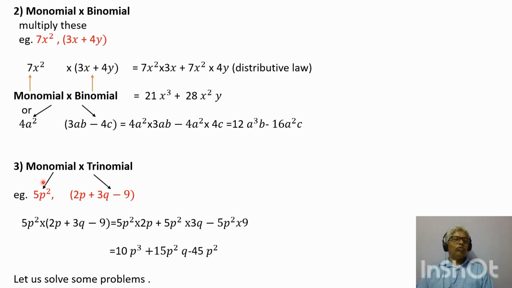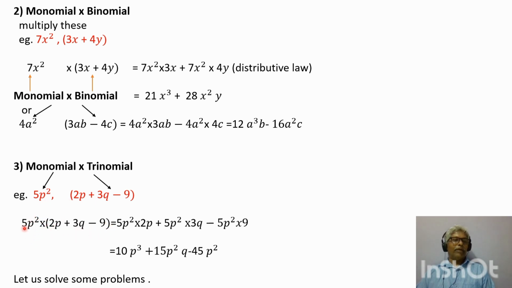We move on to monomial into trinomial. This is 5p square, a monomial, and this is a trinomial, 2p plus 3q minus 9. Multiply these two, 5p square into the bracket 2p plus 3q minus 9.